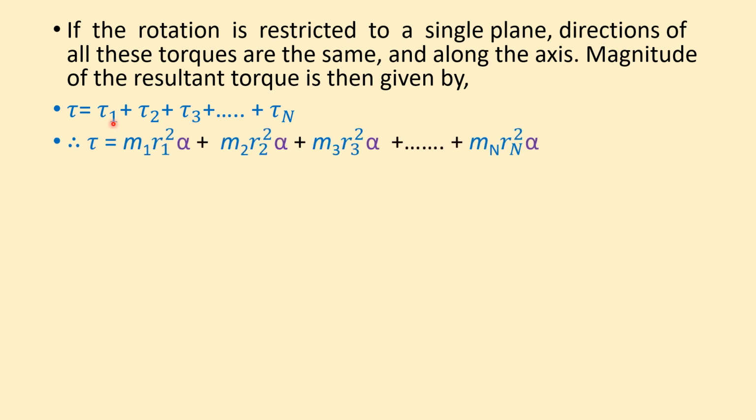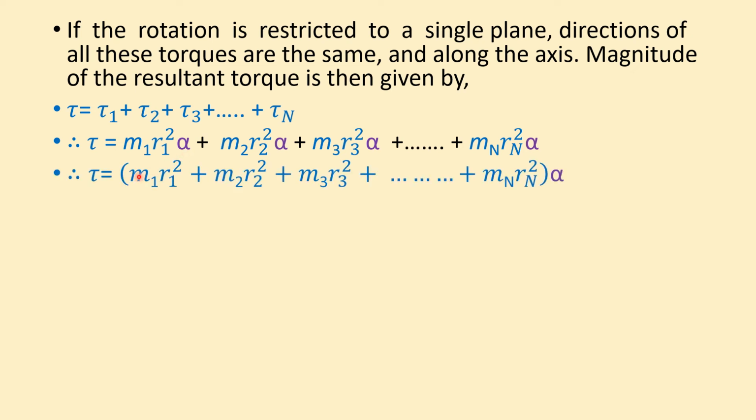We substitute the value of each torque in this equation and take the common factor alpha out of the bracket, and hence we get torque is equal to, in the bracket, m1 r1 square plus m2 r2 square plus m3 r3 square plus and so on plus mn rn square, close the bracket, into the common factor alpha.